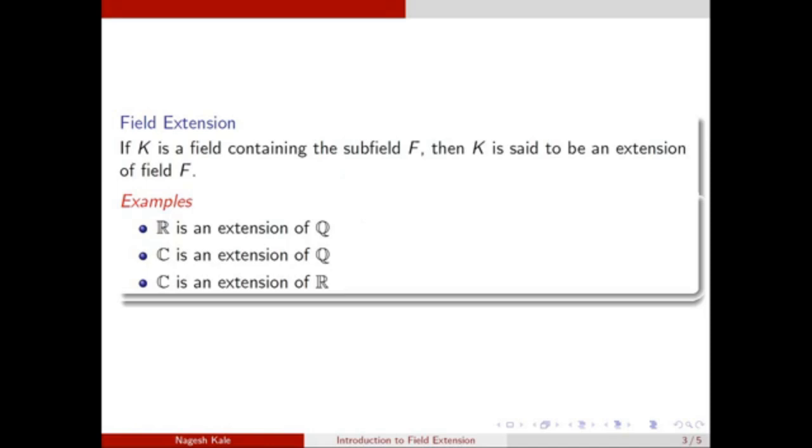Already I have told you the example of fields R, Q and C. So I can say that R is an extension of Q because R is a field larger than Q. At the same time, I can say that complex numbers is an extension of rational numbers. On the same lines, I can say that complex numbers is an extension of real numbers also.